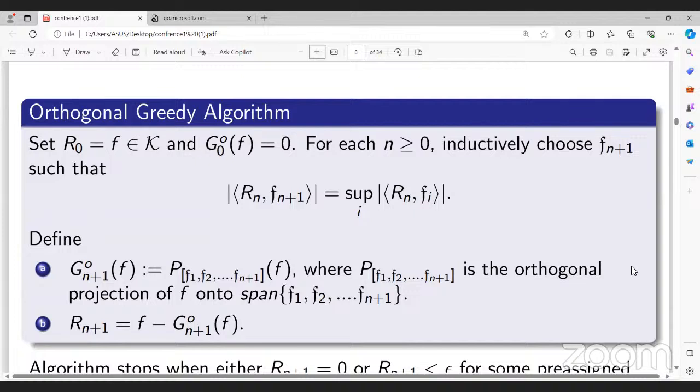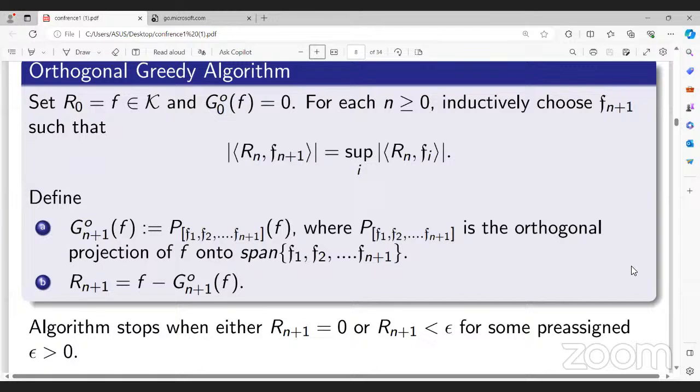This step is called the greedy step, and we assume that this supremum exists. Then we define G n plus 1 f, which is the orthogonal projection of f on the subspace spanned by f1, f2, up to f n plus 1. Then we define R n plus 1 as f minus G n plus 1 f. The algorithm stops when either R n plus 1 is 0 or the norm of R n plus 1 is less than epsilon, where epsilon is some pre-assigned value.